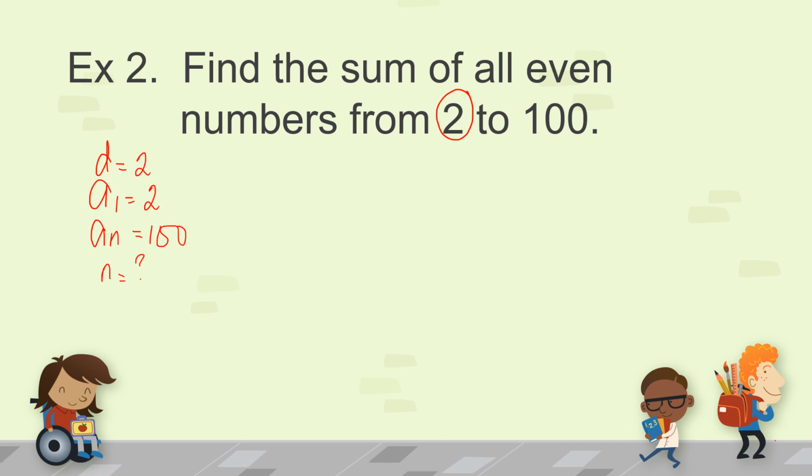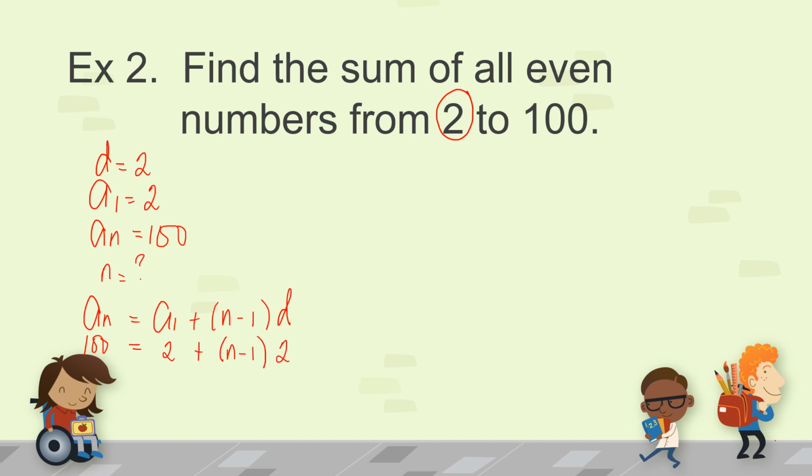That can be found using the formula a sub n is equal to a sub 1 plus the quantity of n minus 1 times d. Substituting the given, a sub n is 100, a sub 1 is 2, plus n is unknown, so n minus 1 times the common difference, which is 2.